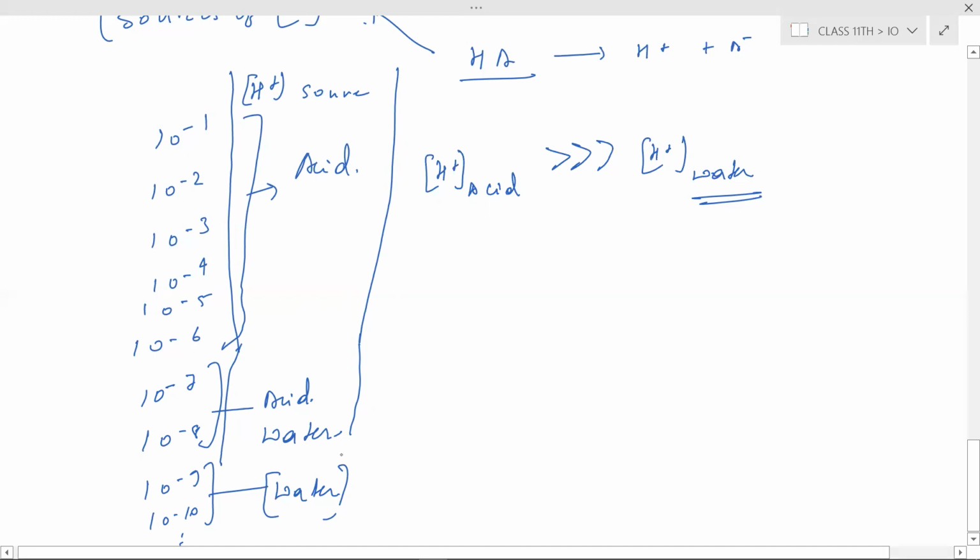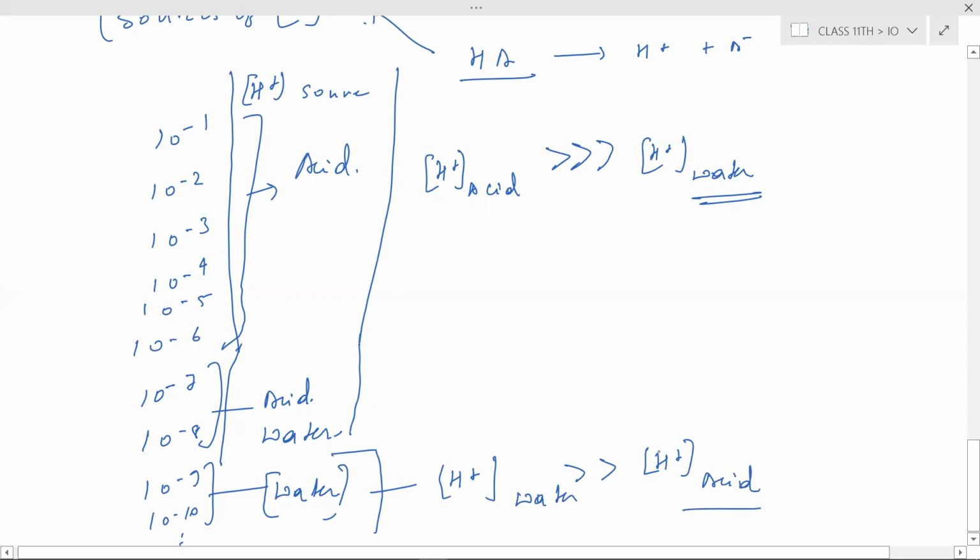At concentrations less than 10 raised to minus 8 molar, like 10 raised to minus 9 or 10 raised to minus 10 molar, the concentration of H plus produced by water is very high as compared to that produced by the acid.